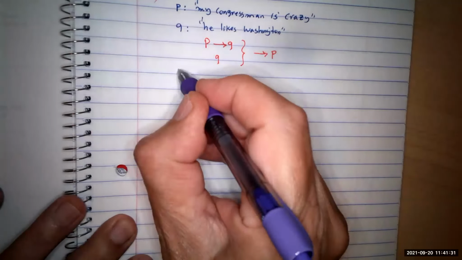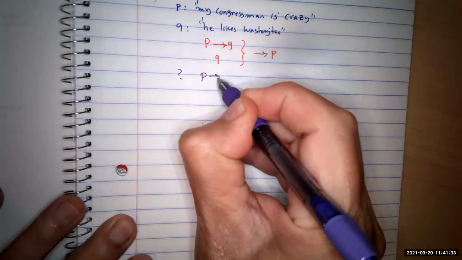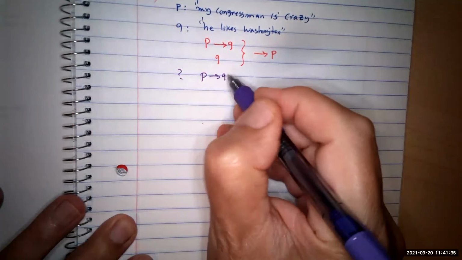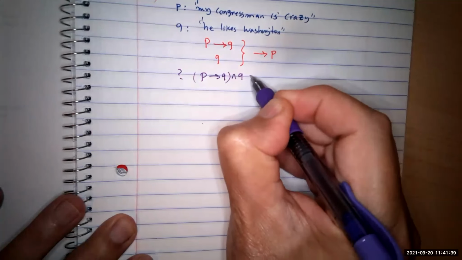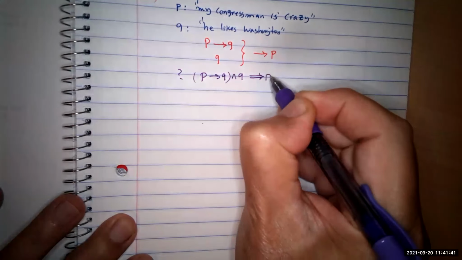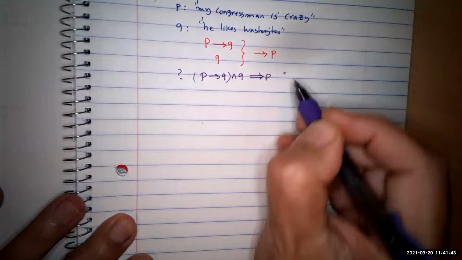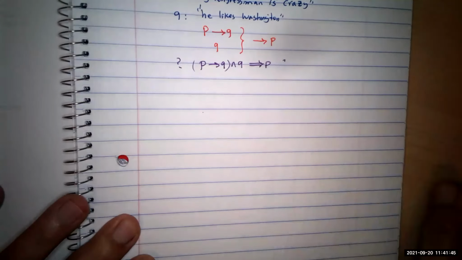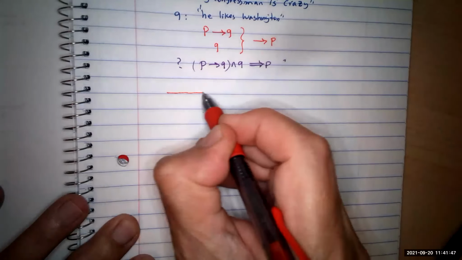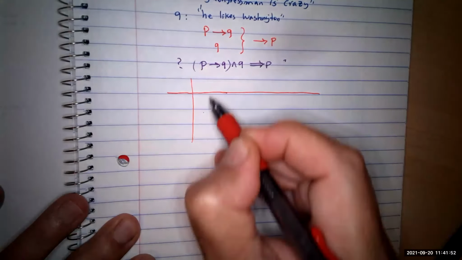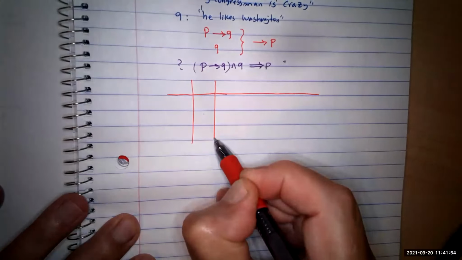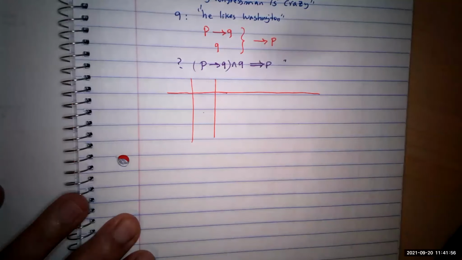So the question is, if I give you P, then you give me Q. I give you Q. So does it imply that I get the P? Meaning, if this converse is true, which is not. So you can reject it by drawing the table as usual, complete it to get it, or just find the one that you like.